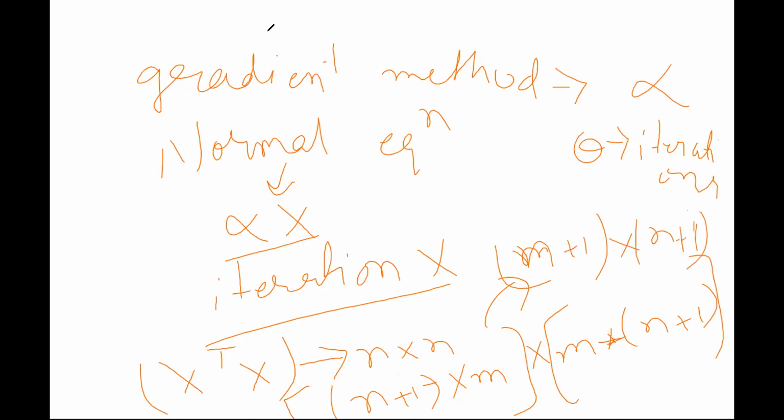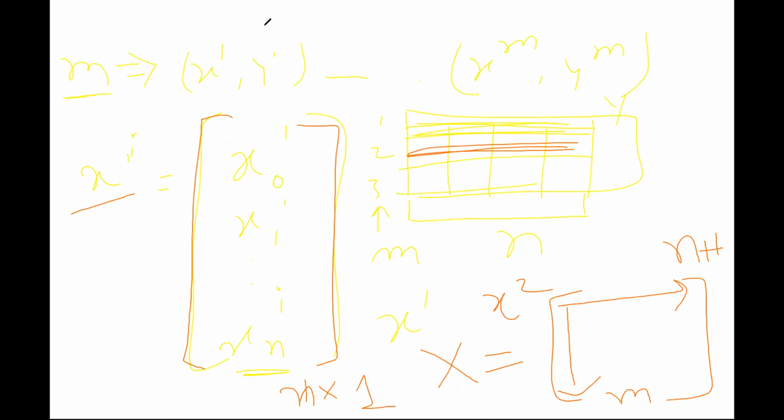Because of this n, you can say it is of the order of n, but let's not use the word order because that will be confusing. So the size will be n cross n. Just imagine if you have thousands of features: your size will be 1001 cross 1001.